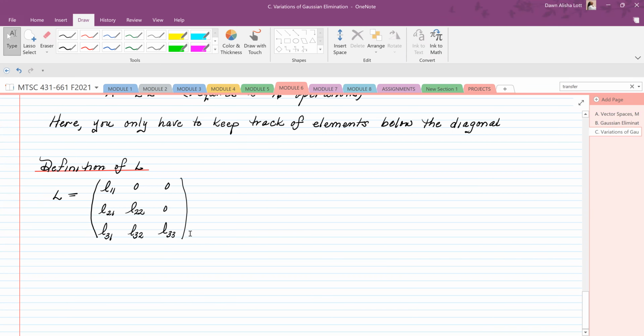That's L, and then L transpose is L11, L21, L31, 0, L22, L32, 0, 0, L33. If you multiply those together, you get A.